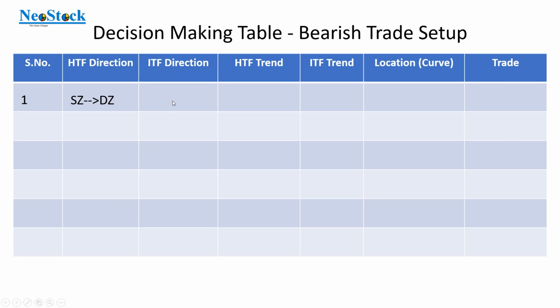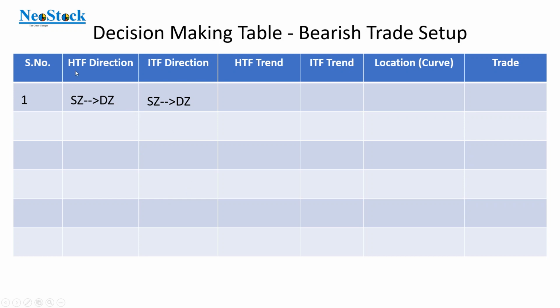The ITF price direction should always be ITF supply zone to ITF demand zone. In all the rows in this column, you will be seeing supply zone to demand zone. Please observe in the upcoming rows.